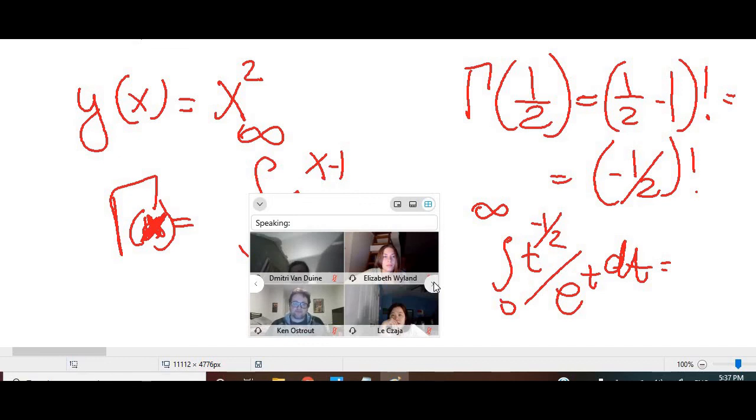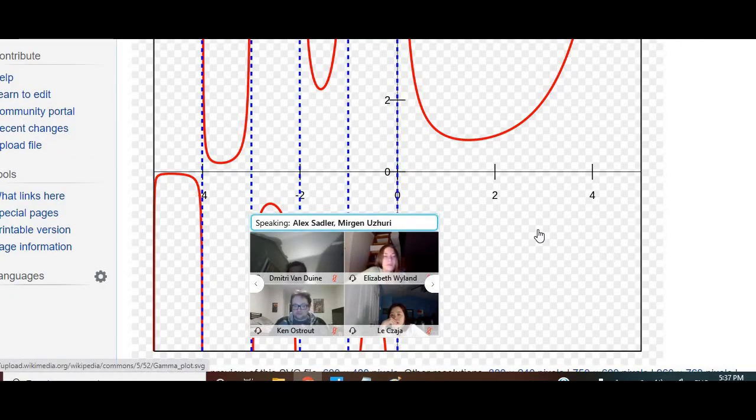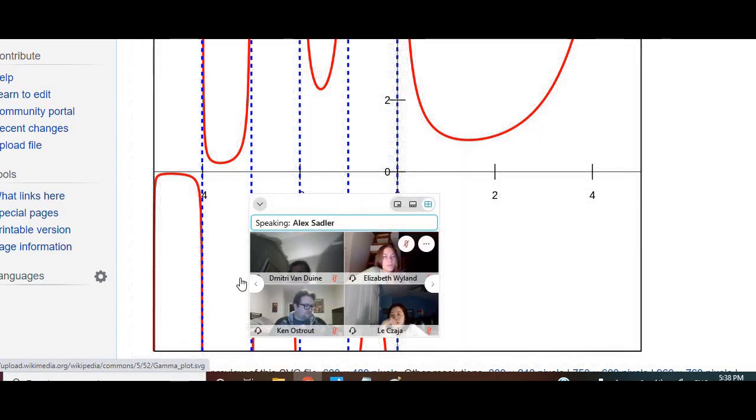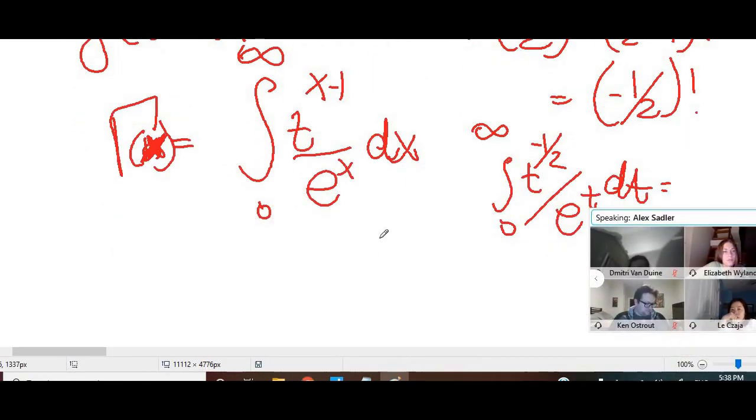All right, guys, questions on that? Can you pull up the graph of the gamma function one more time? So how is 0 equal to 1? According to this graph, it should be a... No, and that's exactly the point. Alex, you're asking two different questions.